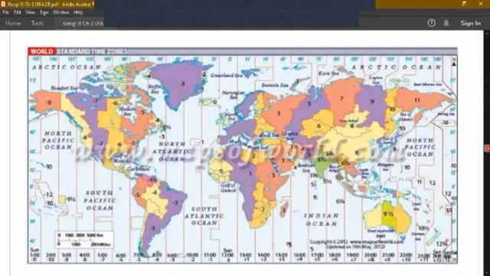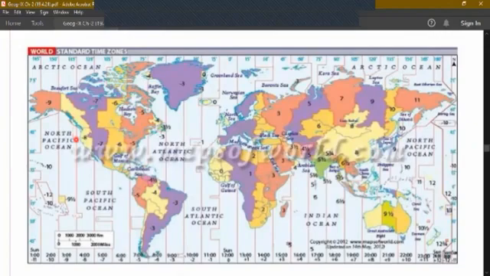Yes, so each zone here, these are the 24 zones, and each zone covers 15-degree longitudes. The time of the whole zone is determined on the basis of the central meridian of that place. These red color lines are the central meridians.